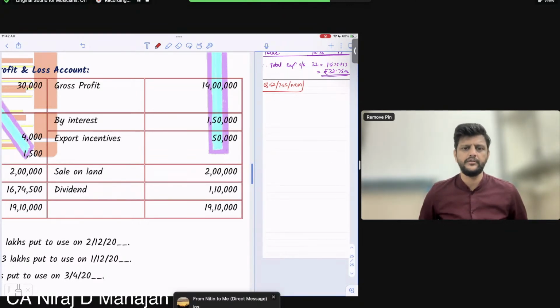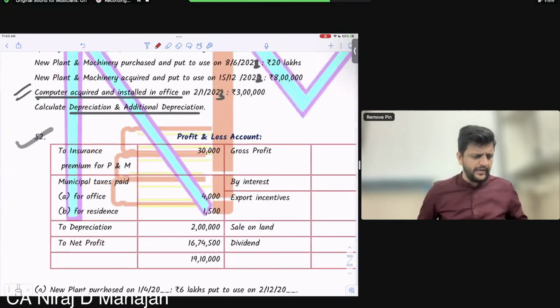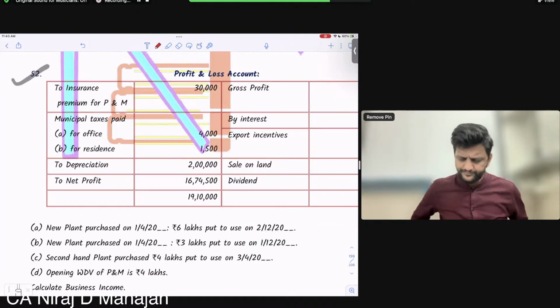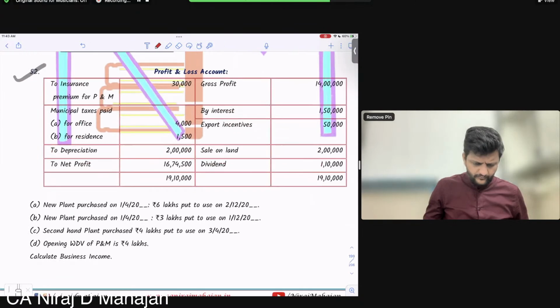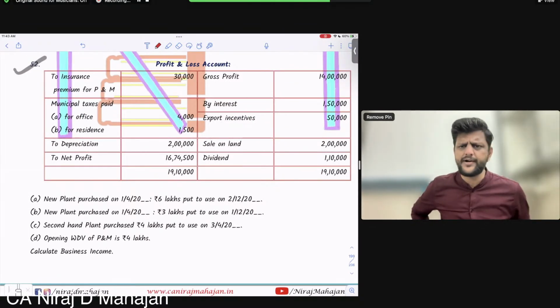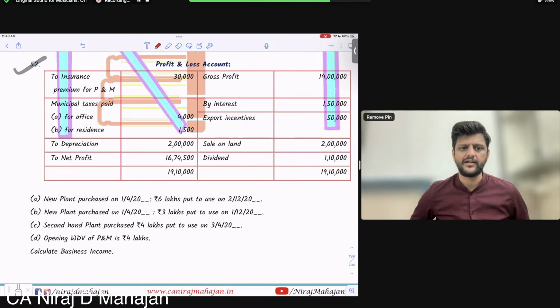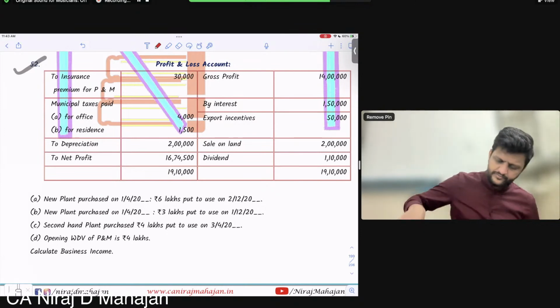Income from other sources, very good, correct Nitin. So basically this is the P&L and balance sheet of the proprietor, an individual. Okay, everybody? So he's putting all these incomes in the credit, no problem. But if they ask us only business income, then we can't consider sale of land, dividend, etc. Clear till here, children?